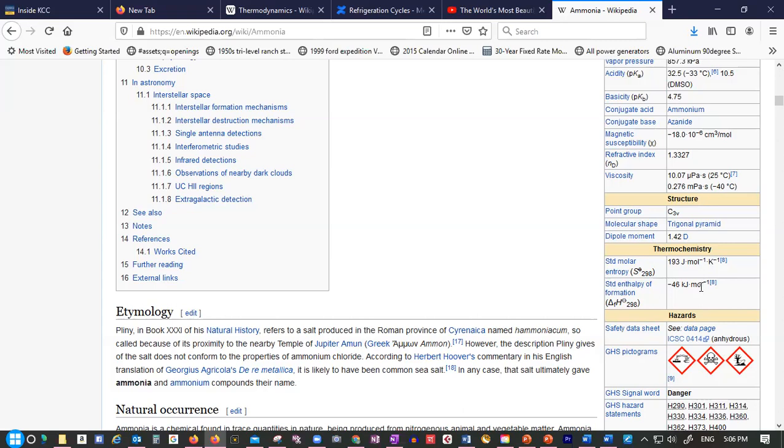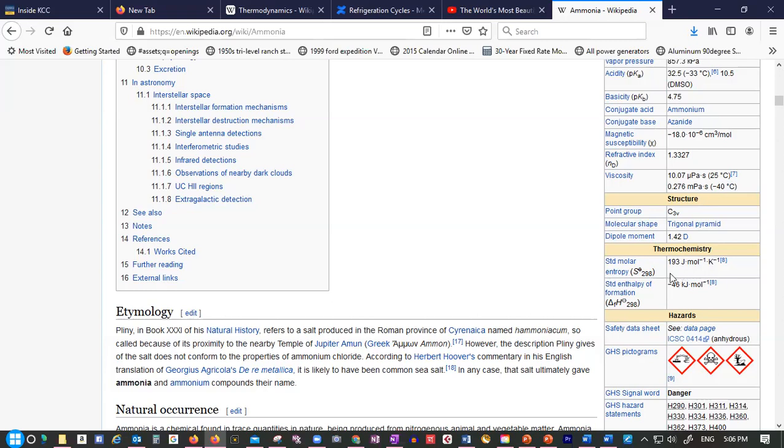That's for the formation of just one mole of ammonia from its elements in their standard states. So that's another way to find these numbers.